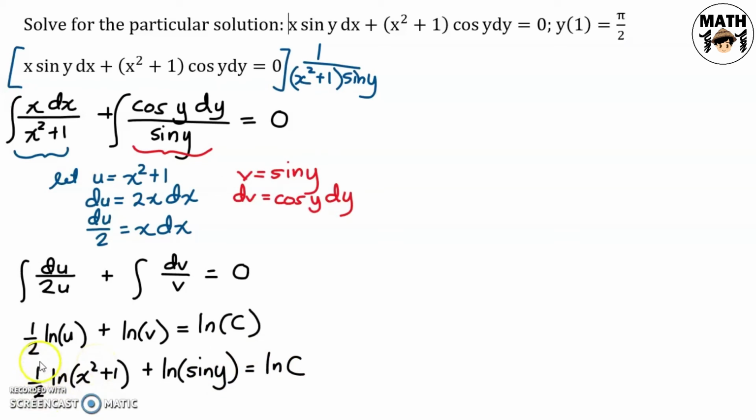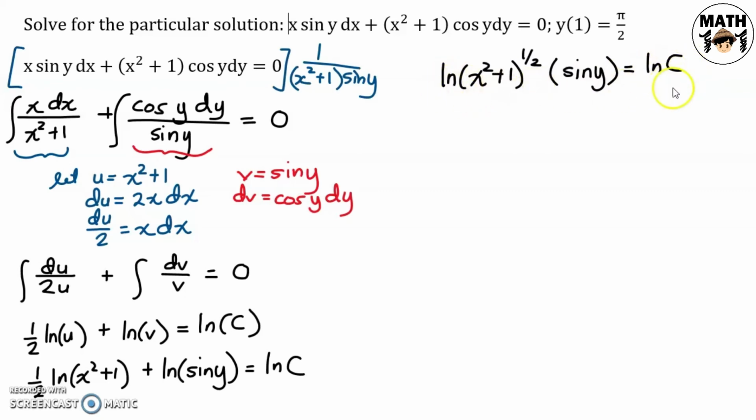So, by laws of logarithm, this factor can be written as the exponent of x squared plus 1. And pwede nating pagsamahin itong sum as product. So, ln of x squared plus 1 raised to 1/2 multiplied by sin y, that is equal to ln of c.